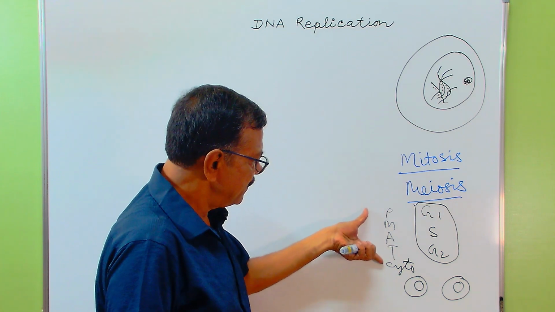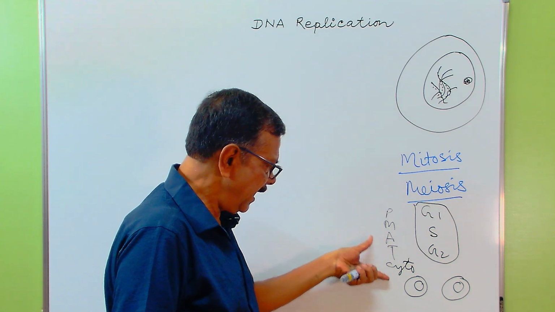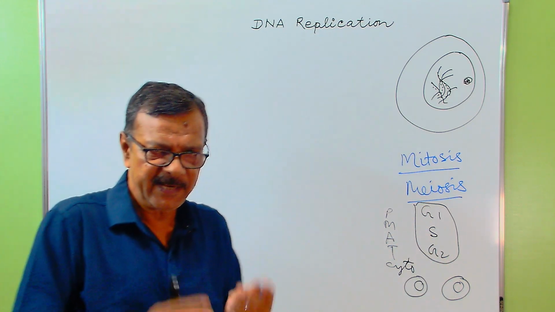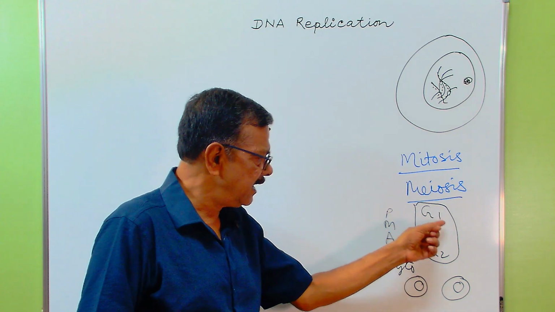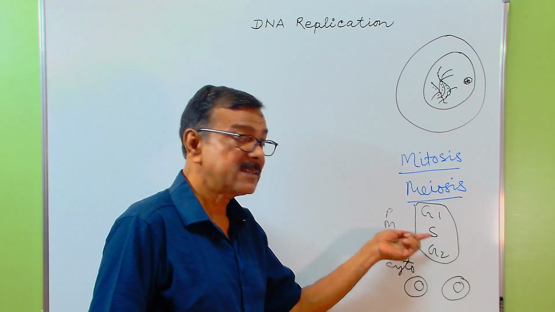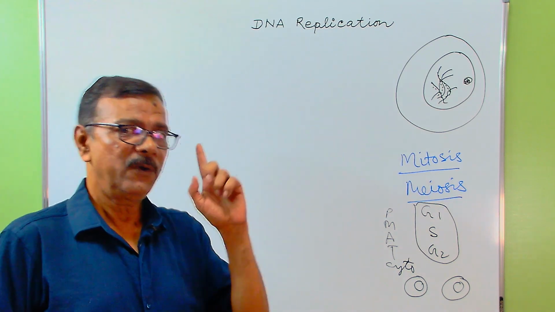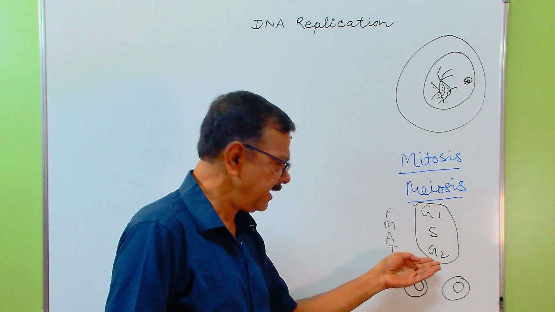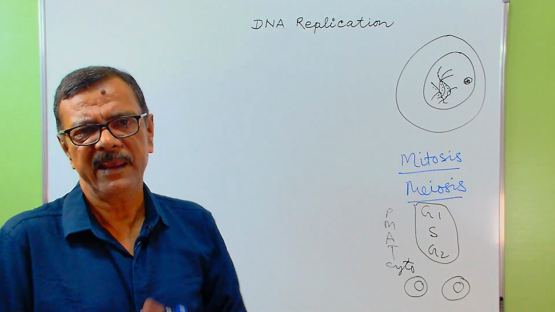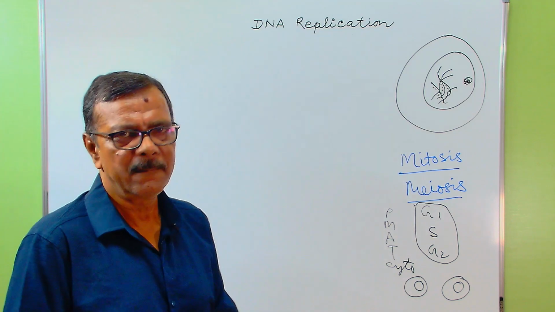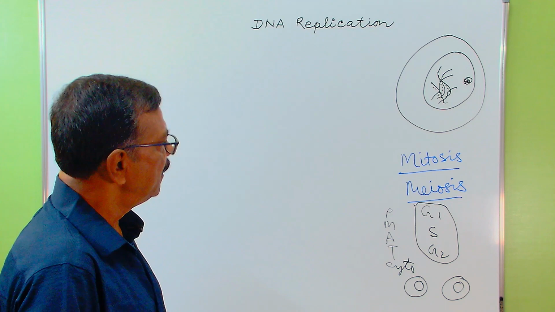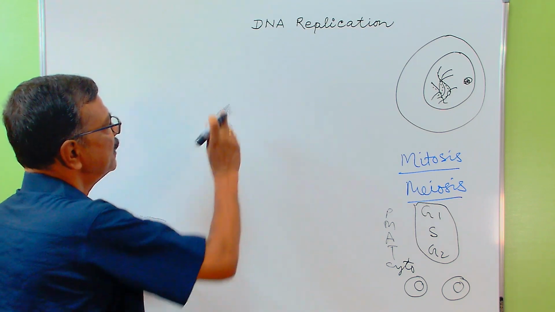So after mitosis is over, the cell goes through interphase. First the cell takes a gap, that is rest, and thereafter the cell synthesizes its DNA. And then again a gap, and then the cell becomes ready for the next division. So mitosis occurs.